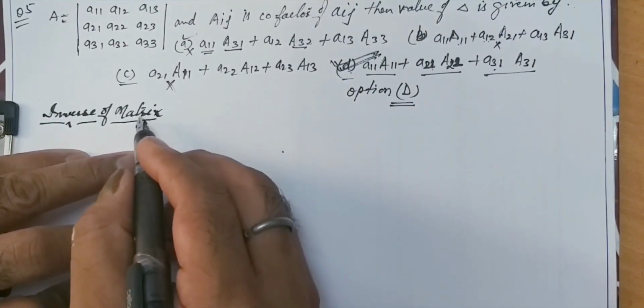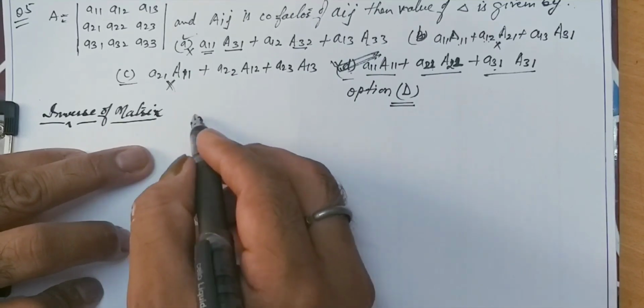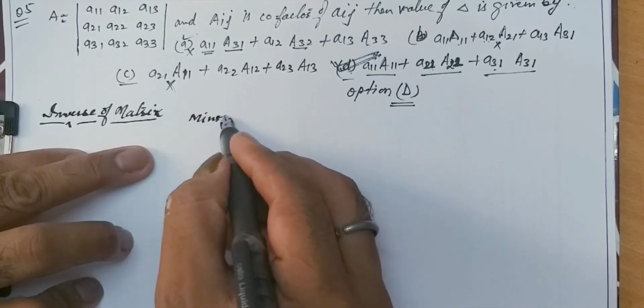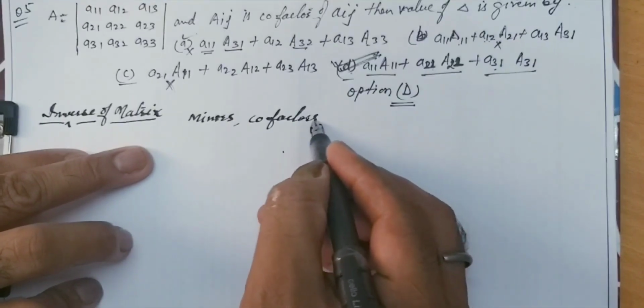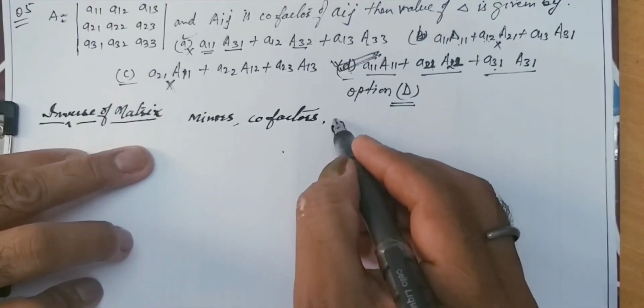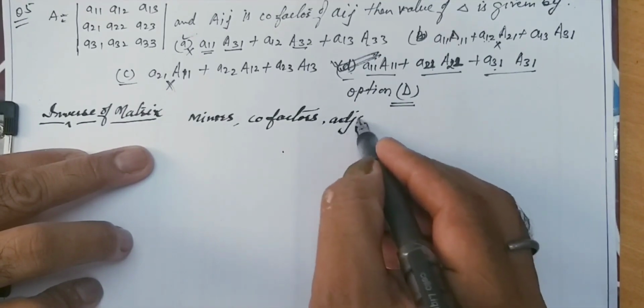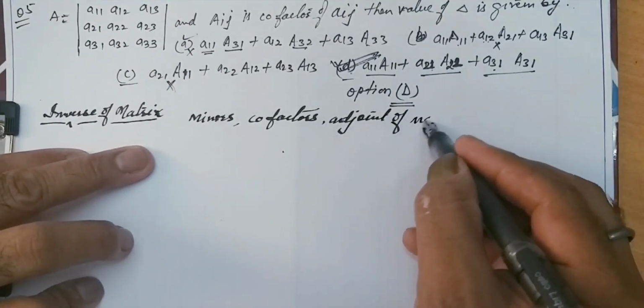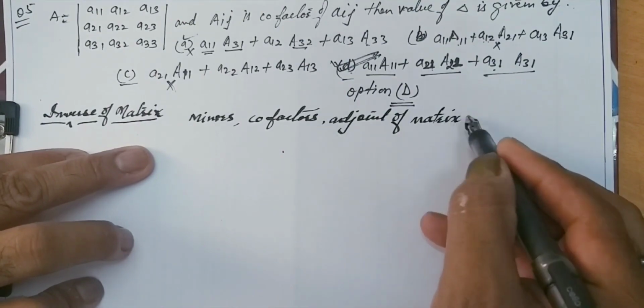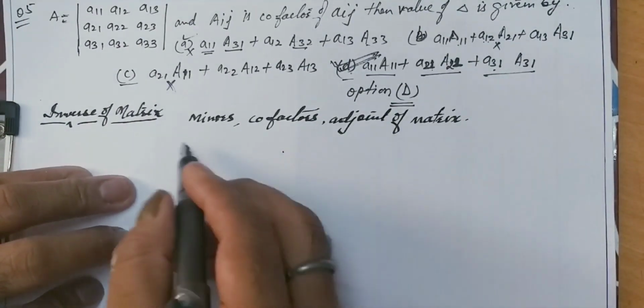So for that inverse, we need minors, cofactors, and lastly adjoint of matrix. Now what does it mean A inverse?